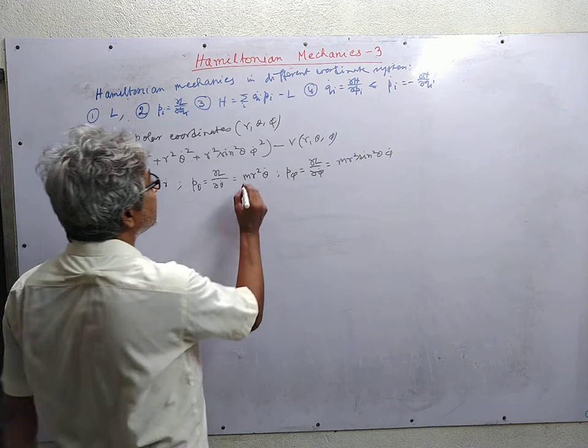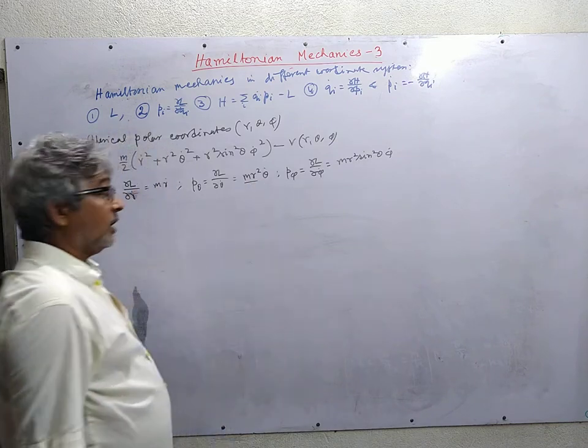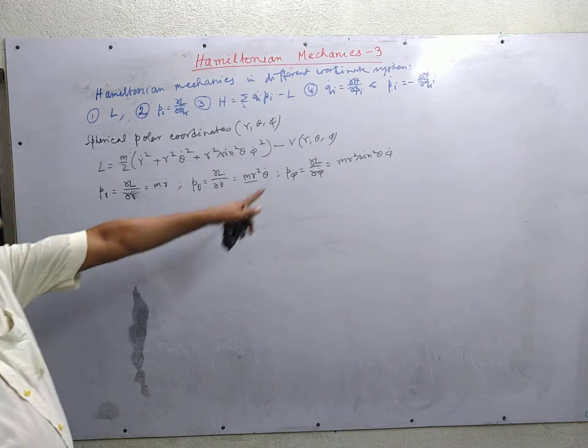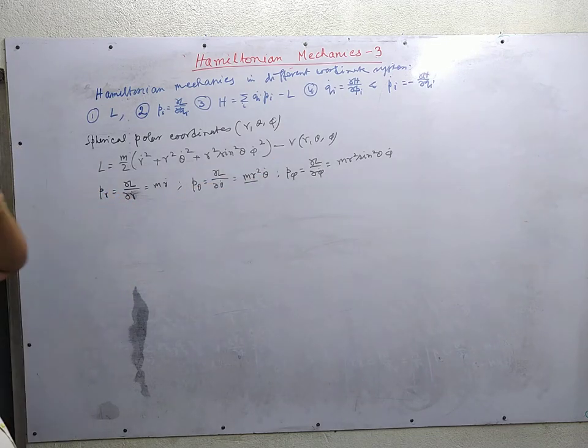Earlier we considered this: this is the angular momentum and this is the moment of inertia with respect to the axis.